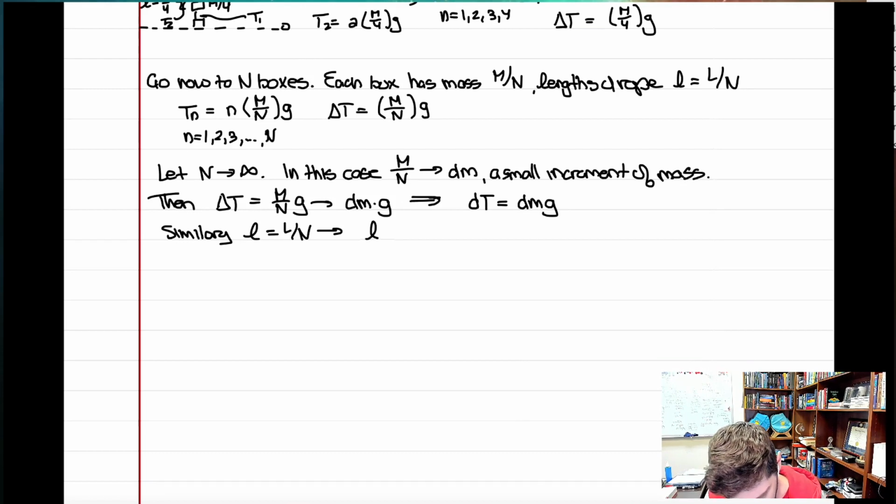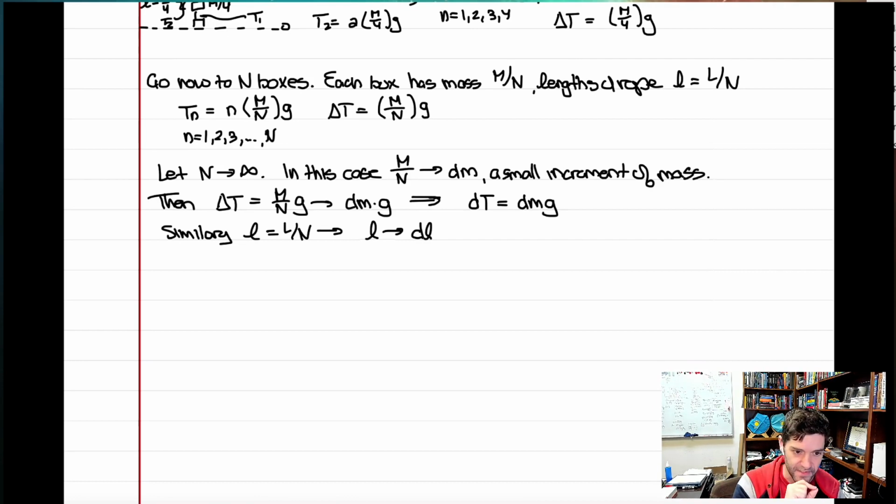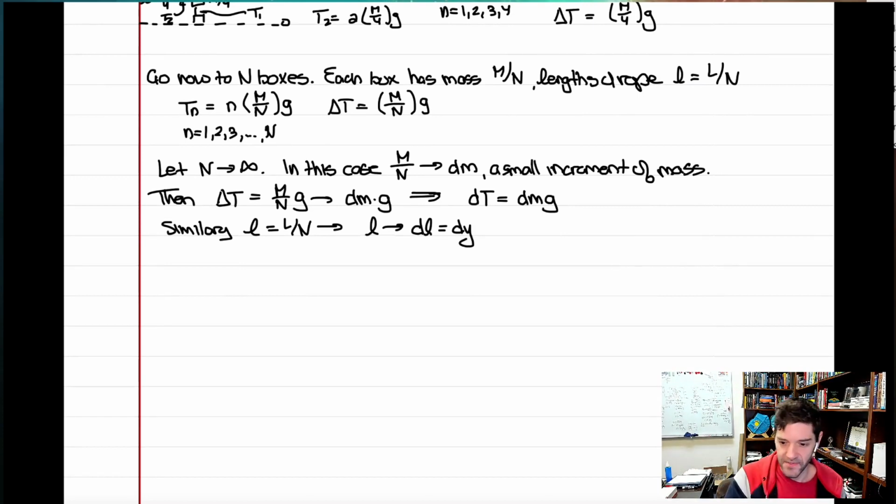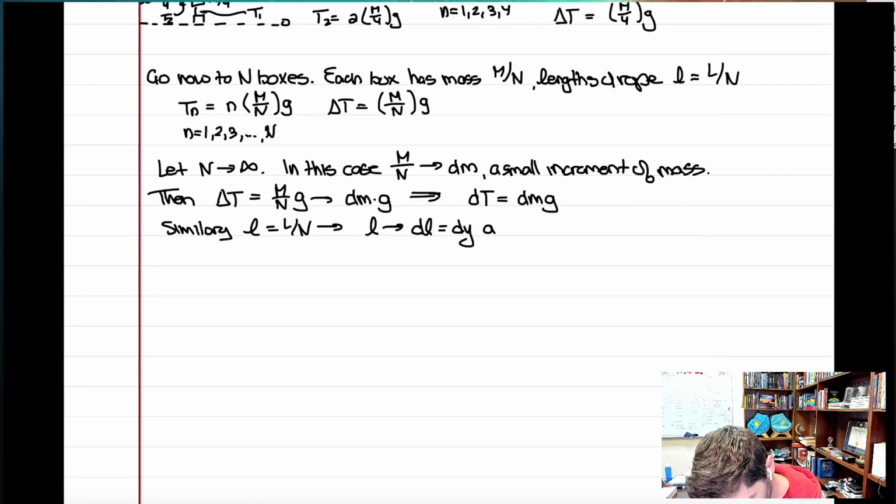I could say that l becomes dl in this sense, because little l is becoming so incredibly small. Why use l? Since we're dealing with all of this as happening vertically, I could also call that dy, right? Because in my coordinate system, I've aligned the rope with the y-axis as n goes to infinity.